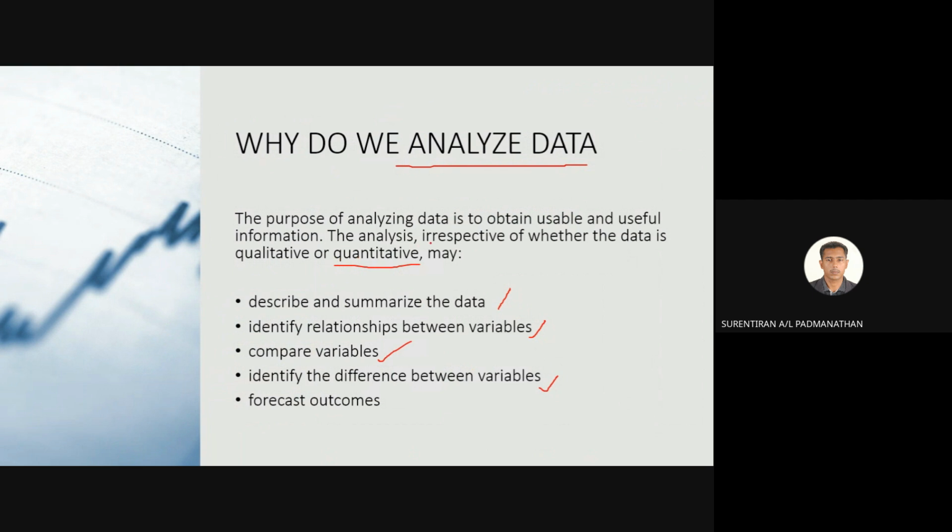So the analysis, irrespective of whether the data is qualitative or quantitative, is to describe and summarize the data, identify relationships between the variables, compare the variables, identify the differences between variables, and forecast the outcomes. Right? So this is why we need to analyze the data.